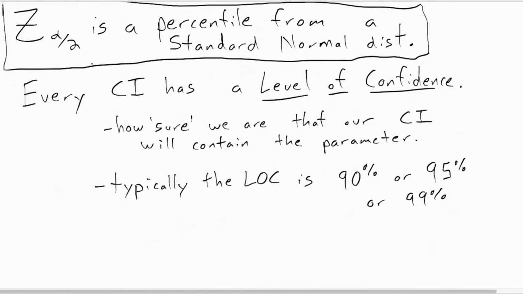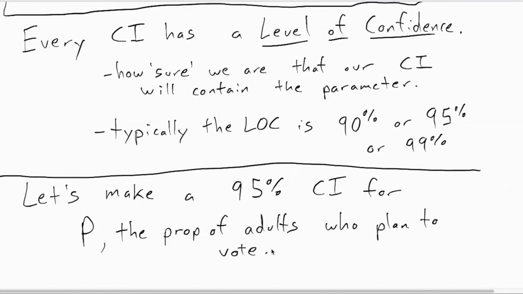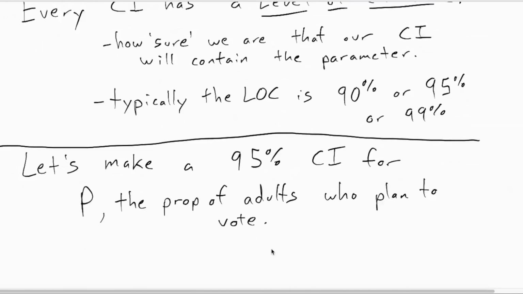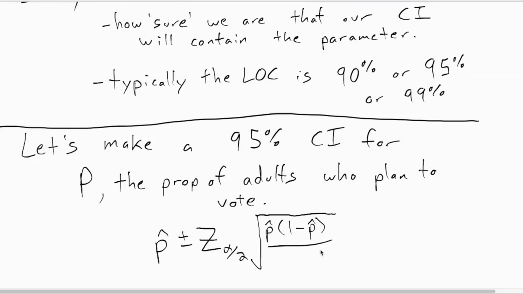The theory can just get confusing, so let's make a 95% confidence interval for our population proportion, for the proportion of people that say they're going to vote in November. How do we do that? Well, we start out with this formula, which is our p hat plus or minus our z of alpha over 2, the mysterious thing, times the square root of p hat times 1 minus p hat over the sample size.